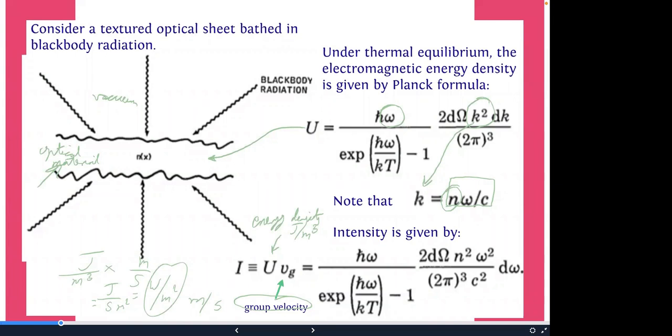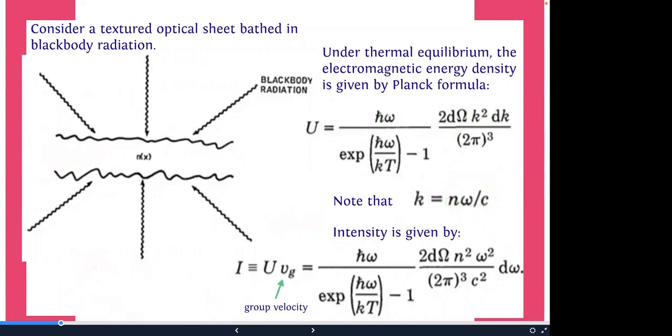So we know how to do this analysis from before. Now, the important thing is that when you do this multiplication, you end up with a term n squared here. All the other stuff are just constants and the dependence on frequency, which we're going to ignore for the time being. This means that the intensity inside the material is the intensity in the vacuum multiplied by n squared.